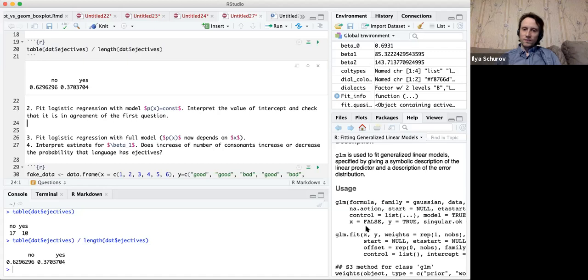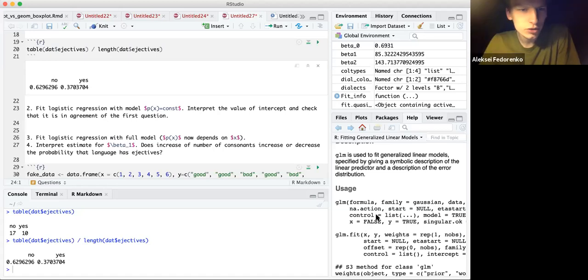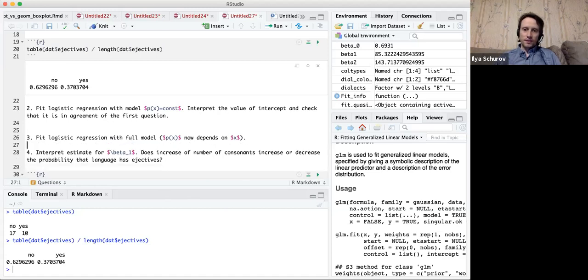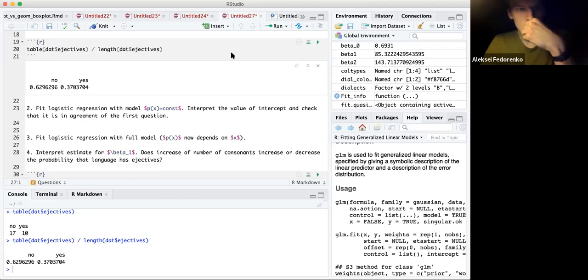We are on which step? 3? Currently on step number 2, yes, but if you are on step number 3, we can discuss it also.